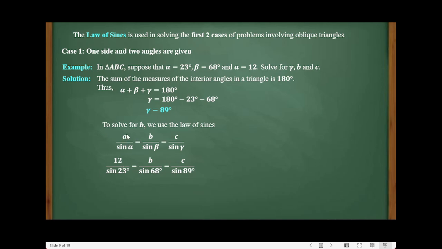Side small letter a is 12, sine alpha is sine of 23 degrees, which is equal to b over sine of 68 degrees is equal to c over sine of 89 degrees. From this extended proportion, we take two ratios at a time.